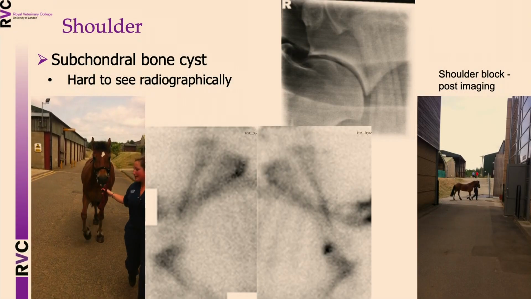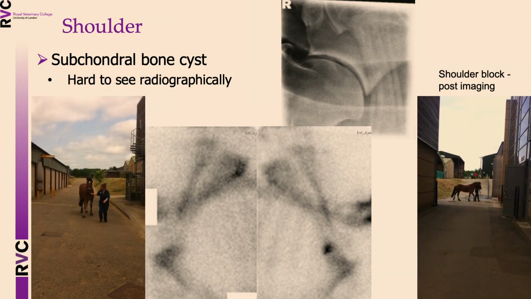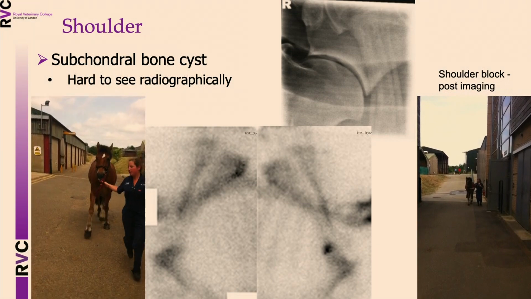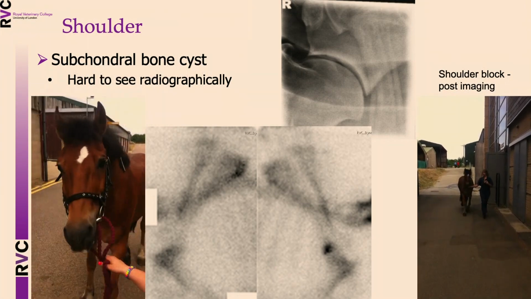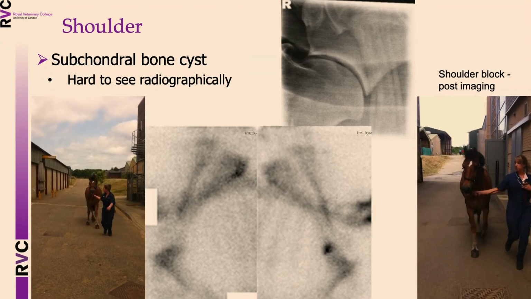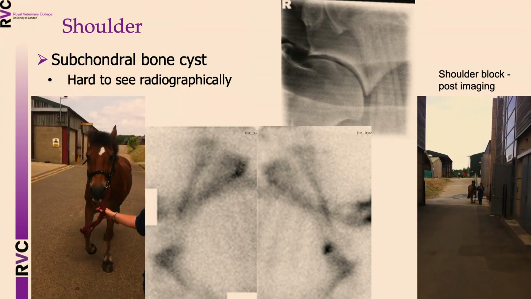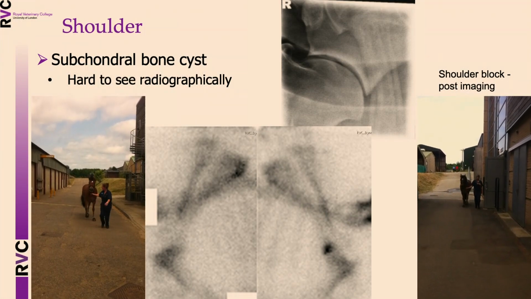So here's an example of a horse with very severe lameness. Nothing blocked out in the distal limb. The bone scan showed uptake in the shoulder region, but there was nothing radiographically.